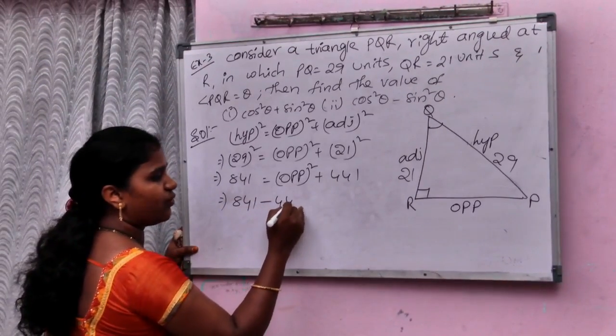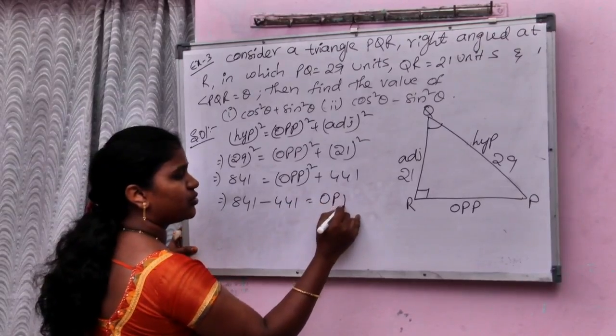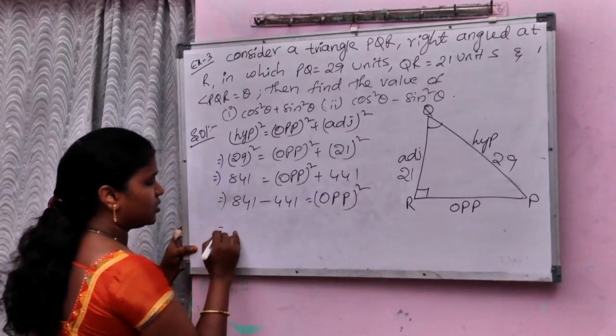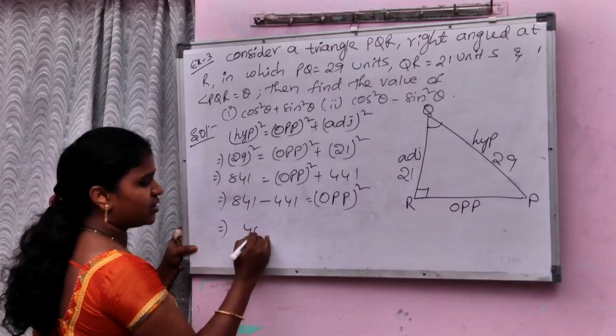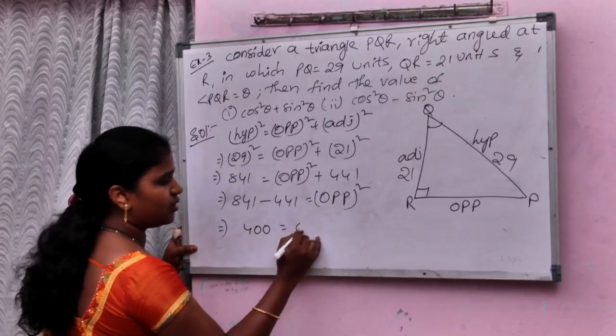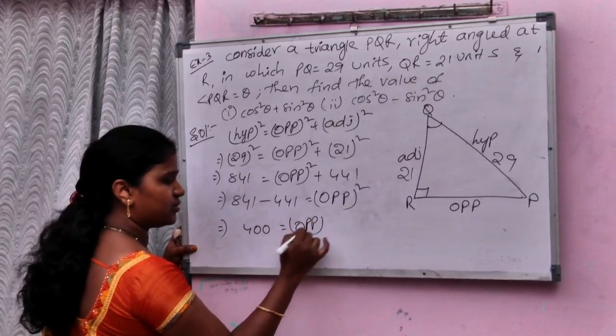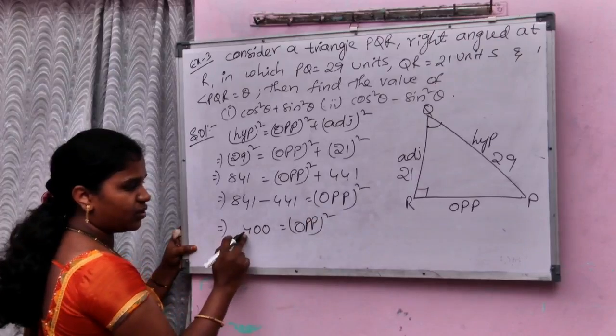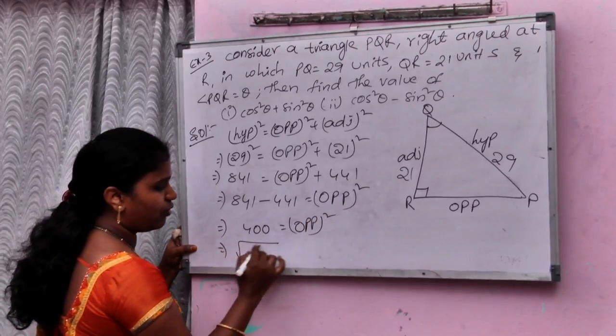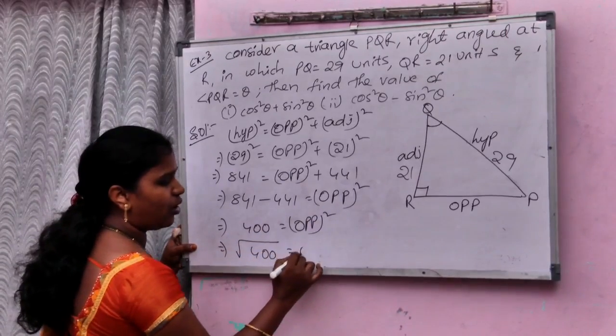841 minus 441 is equal to opposite square. 841 minus 441 is 400, equal to opposite square. If I remove the square here, the root comes to the other side, so root of 400 is equal to the opposite.